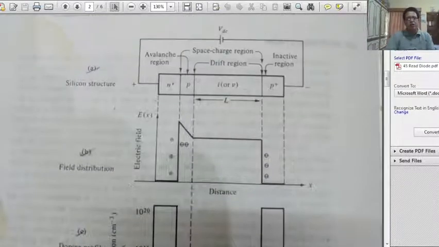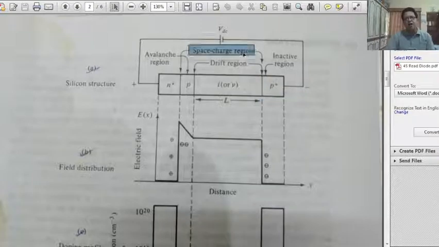This is the space, and this is a very thin space. These are both known as the space charge region.